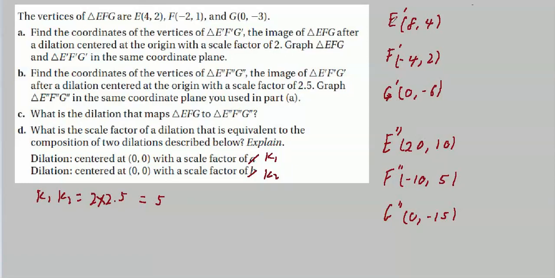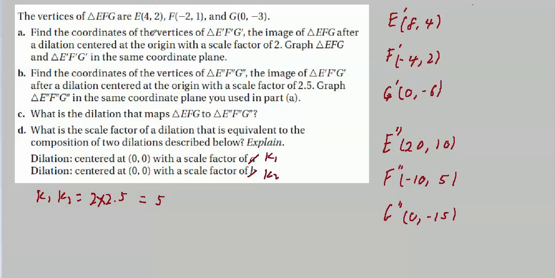Suppose we just used one transformation, which was a dilation, with a scale factor of 5 centered at the origin, where would I end up? Well, E would go to 20, 10. Okay, we're on the right track here, I think.